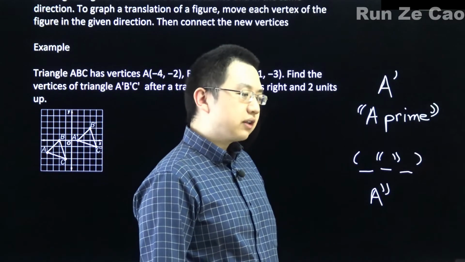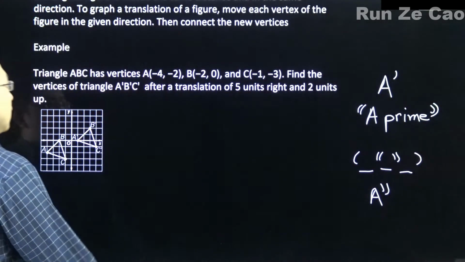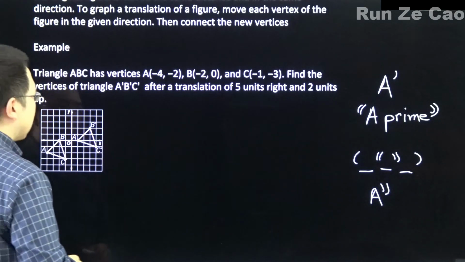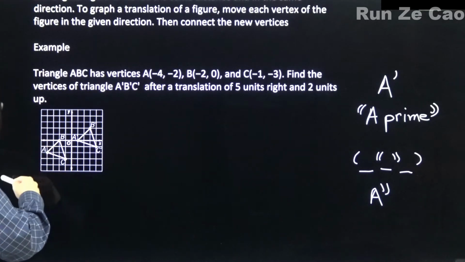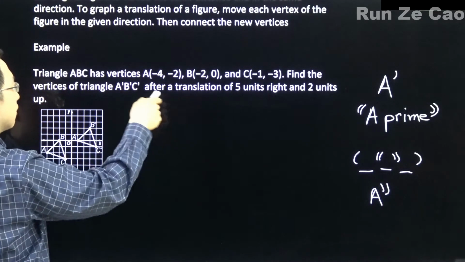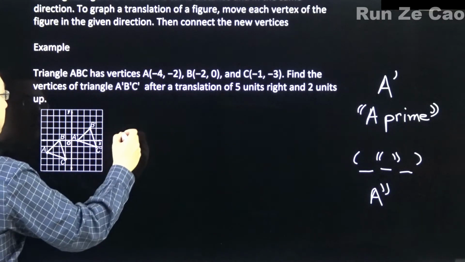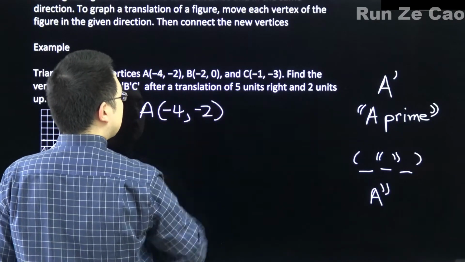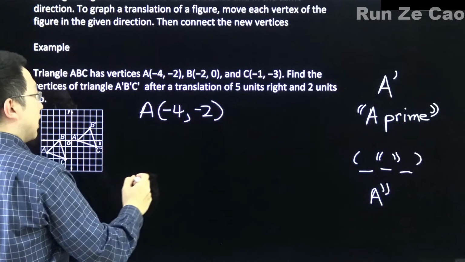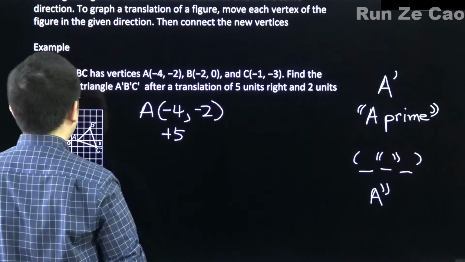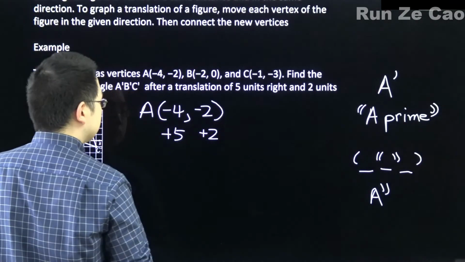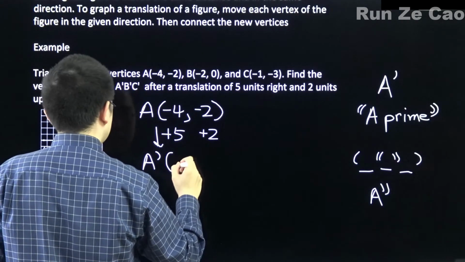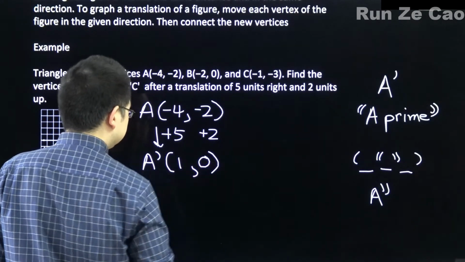So, the vertices of the triangle, a translation of 5 units right. The x coordinate goes left to right, and left is negative and right is positive. So 5 units right means +5, and 2 units up means +2. So A(-4, -2) gives you A prime of (1, 0).